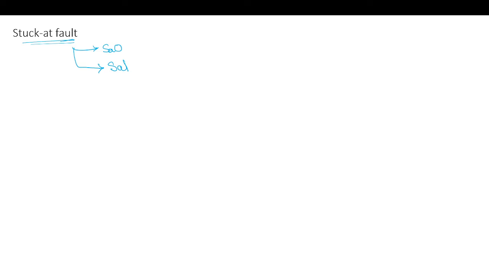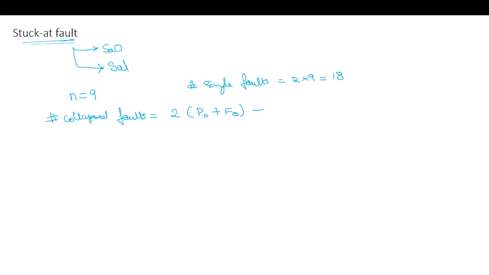So now from the previous example we had n as 9. The number of single faults, we saw, is 2 into 9, which is 18. Now let's see what is the number of collapsed faults for that. The formula is 2 times (PO plus FO plus G1 minus N1).